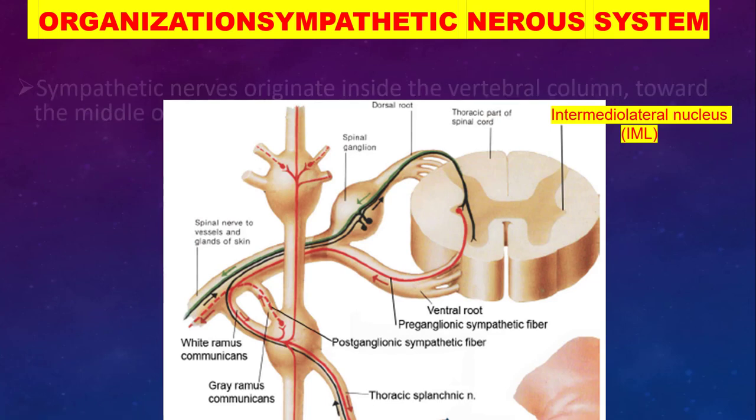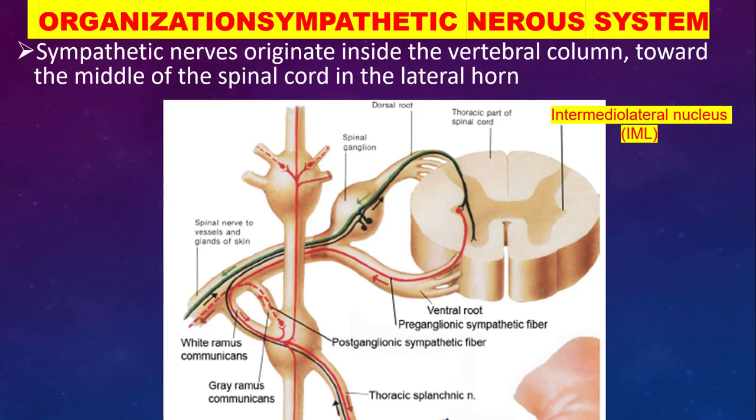The sympathetic nervous system originates inside the vertebral column towards the middle of the spinal cord in the lateral horn. As we know, the gray matter of the spinal cord has the dorsal horn, ventral horn and intermediate nucleus or region.